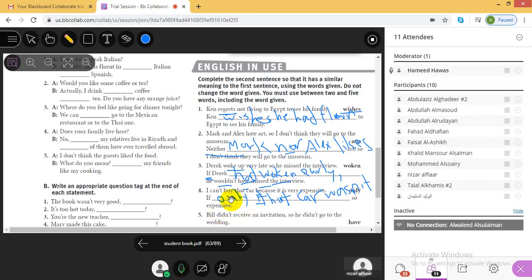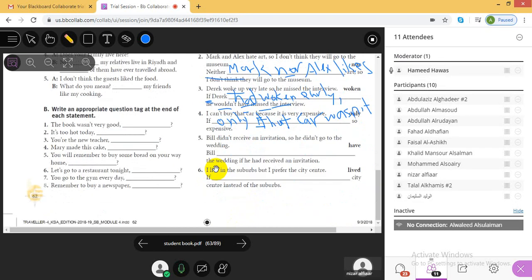Okay, so number 5. Bill didn't receive an invitation, so he didn't go to the wedding. So the situation is that he didn't receive an invitation, so in the past he didn't go to the wedding. Okay, I will use if here, the third form of if.